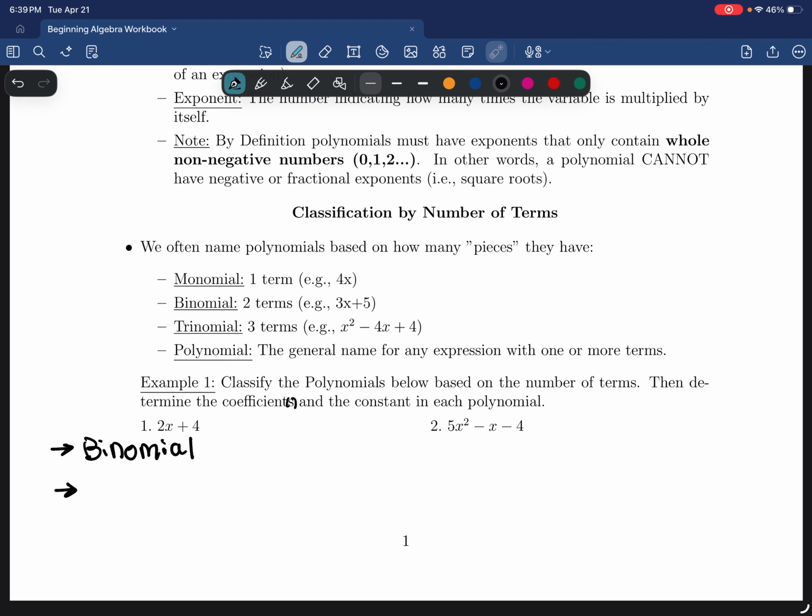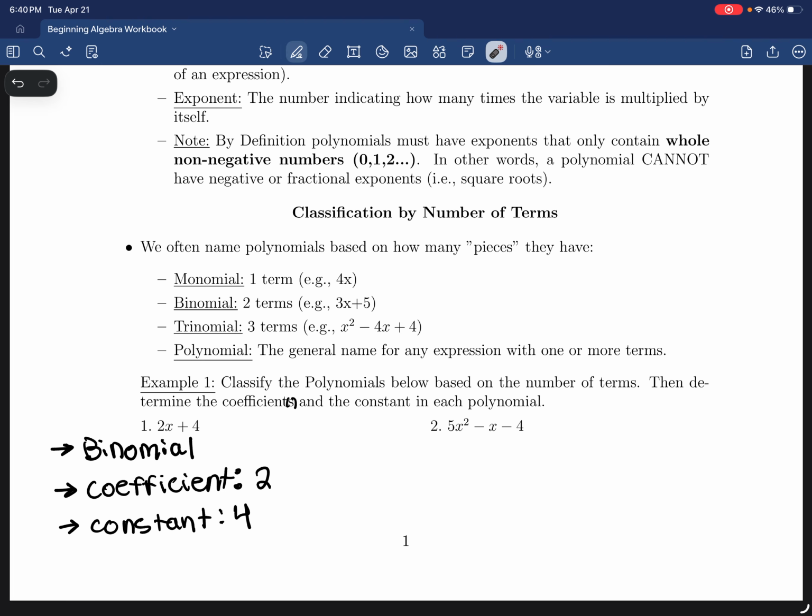The only number being multiplied by a variable is this 2 here, so our only coefficient is 2. Our constant is the number that doesn't have a variable being multiplied to it. In this case, our constant is 4, because there's no variable attached to it.